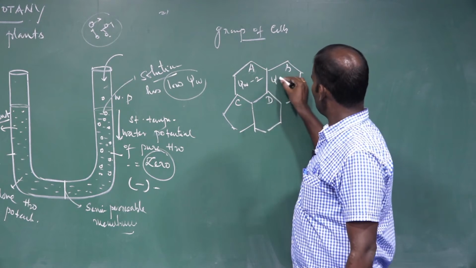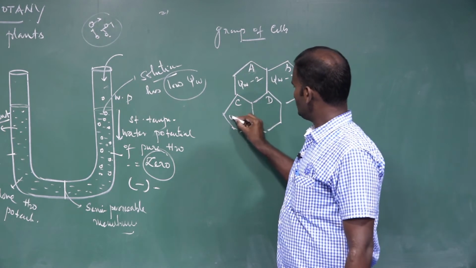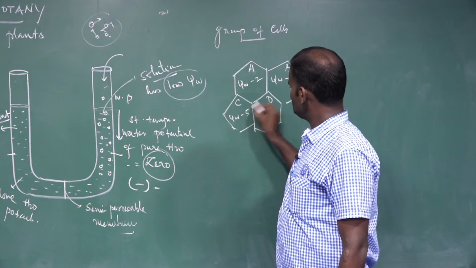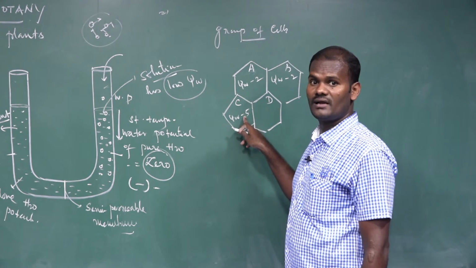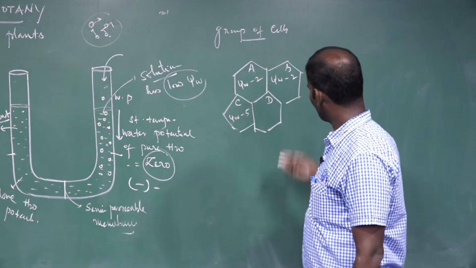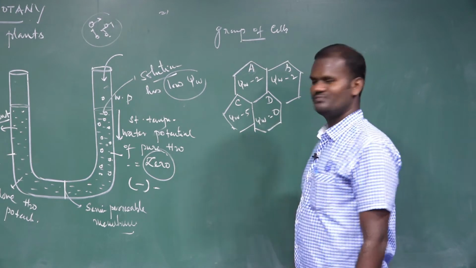Cell B has a water potential of -2. Cell C has a water potential of -5. You know that when the value is negative, it is a solution, no doubt at all. Cell D has a water potential of 0.